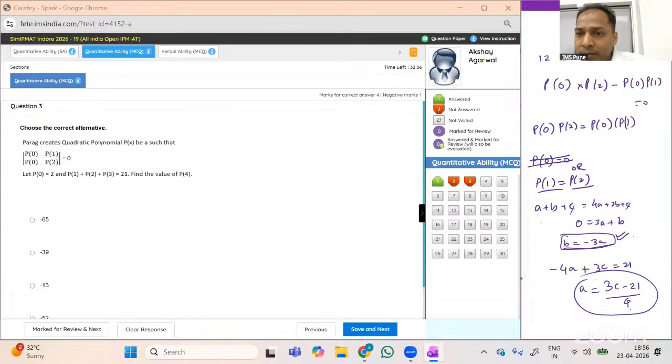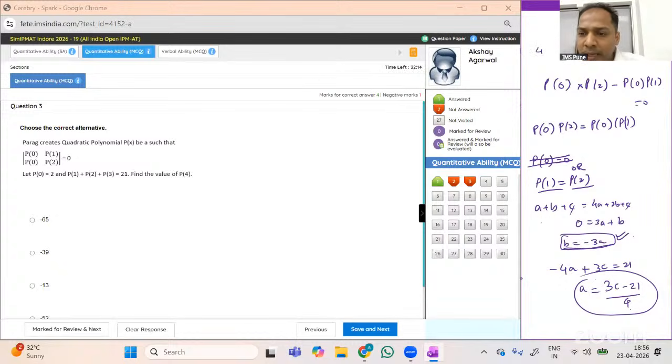That will be 12C minus 21 minus 3A into 4. So plus 16A minus 12A.